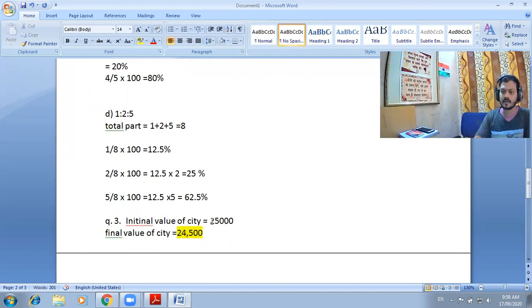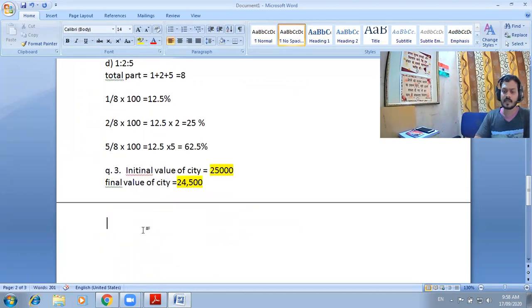Okay, from 25,000 to convert into 24,500. So we can write here the formula for decreases. The decrease equals initial value minus final value.